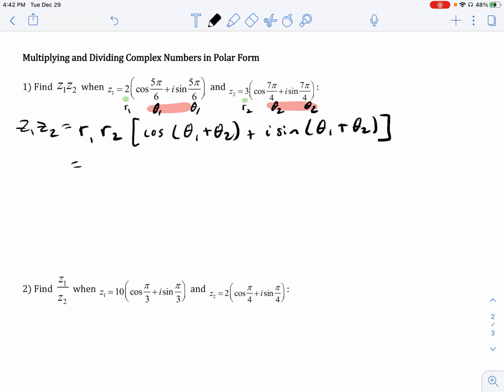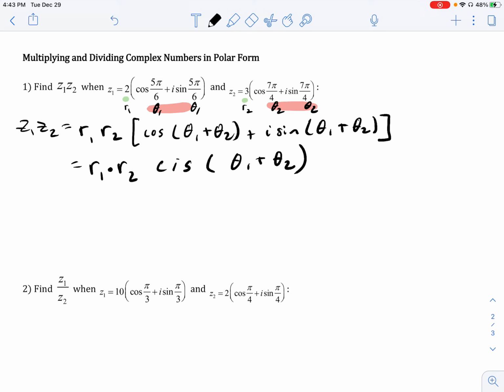So the result of multiplying two complex numbers in polar form is R1 times R2, in other words, just multiply the two moduli, and then it's CIS, or the cosine and sine as written above, of theta 1 plus theta 2. To put it in very simple terms: multiply the moduli, add the angles.